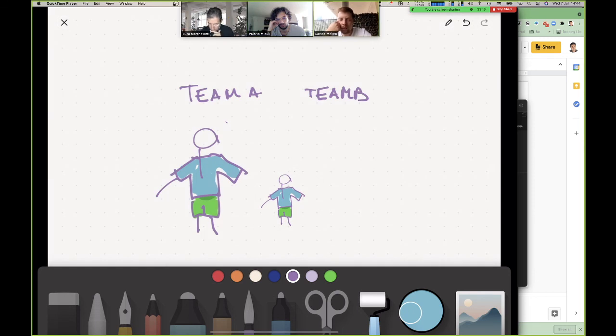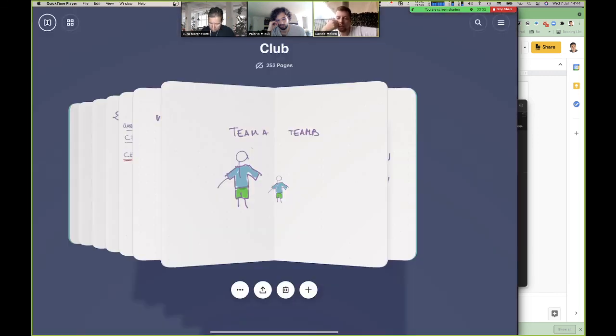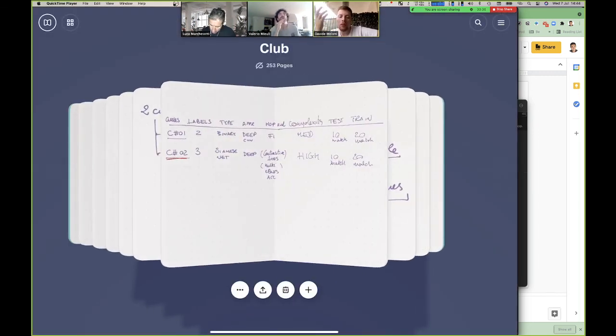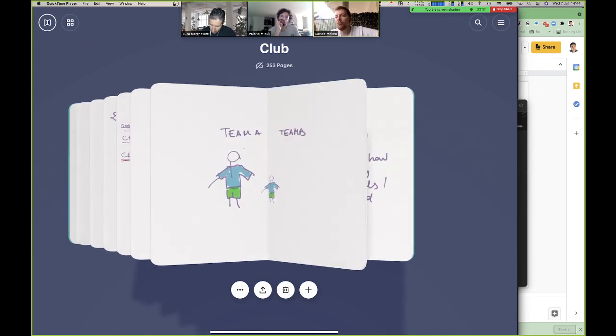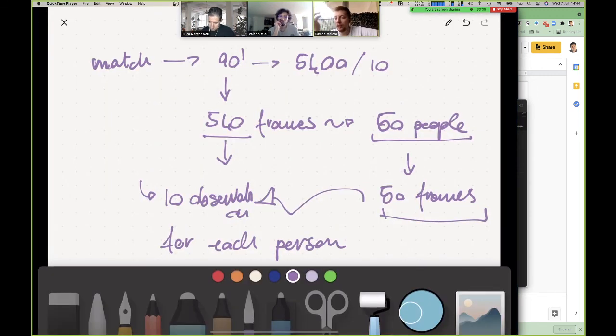Another problem I think is that there are some players or people that are rarer in the frames. For example, the goalkeepers are very rare because they are only on the borders of the pitch. And for example, the referee is mainly always present in each frame.